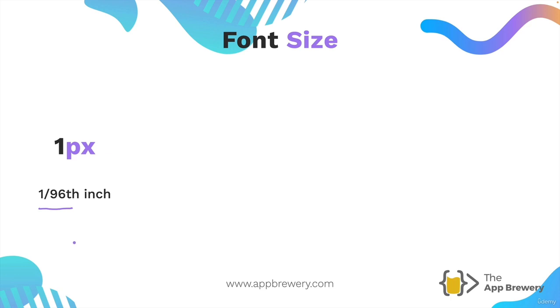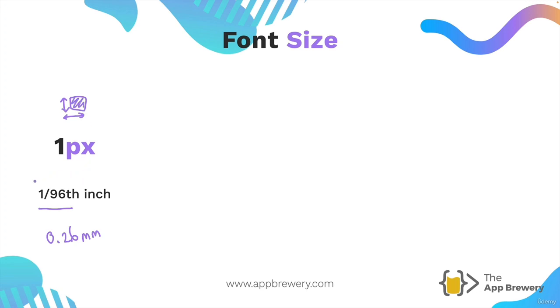It's absolutely tiny. But if you have no idea how big an inch is, then in metric units, it's about 0.26 millimeters. That's about how big a pixel is. It's 0.26 millimeters wide and 0.26 millimeters tall. So it's a small cube that's very, very tiny.